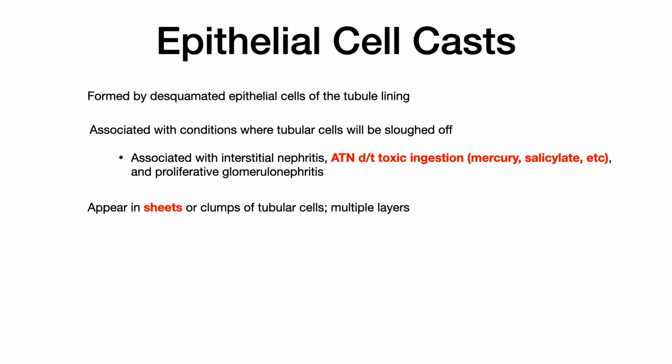There have been challenging questions that have popped up where they'll give you somebody who has a heavy metal exposure, and now you have something in the urine appearing in sheets. And you've got to be like, oh, that's an epithelial cell cast. I've got to work backwards. I'm probably dealing with acute tubular necrosis due to toxic ingestion of some type of toxin. And your brain has to be able to make those third order connections. So those are your epithelial cell casts.